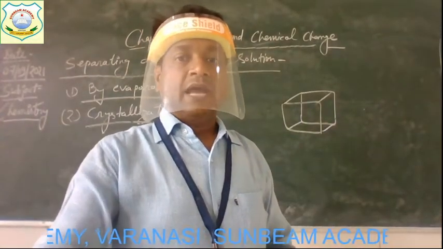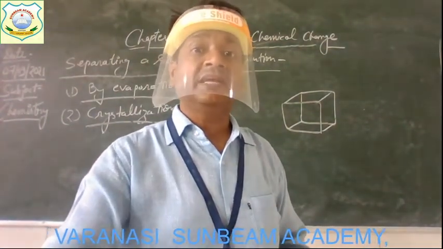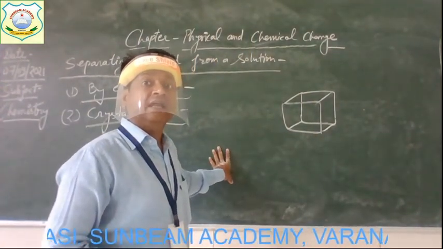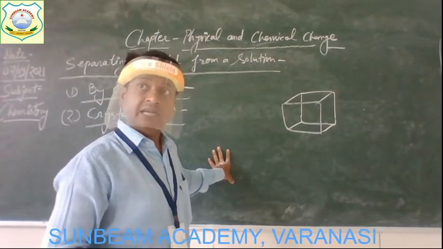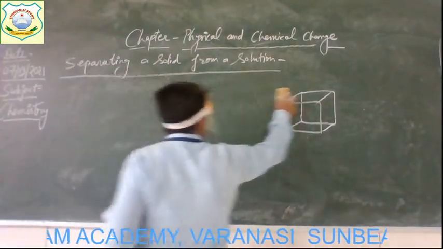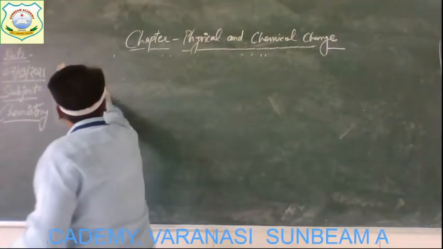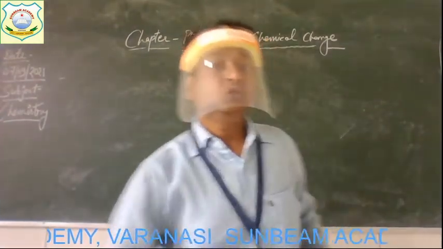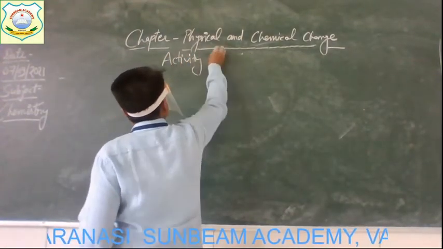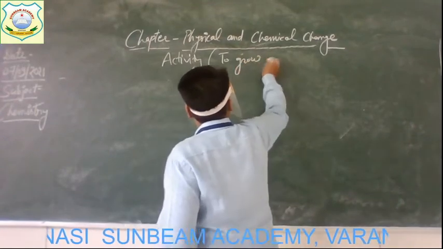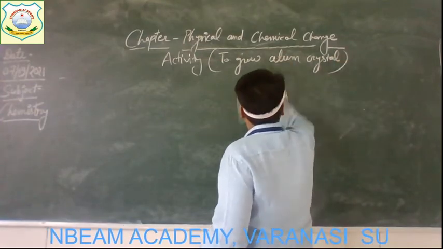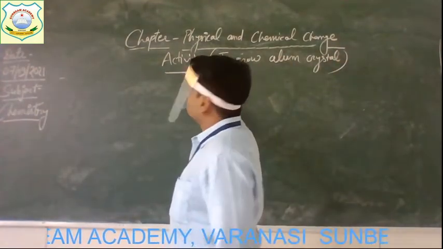Now, after this, there is an activity given in the chapter, and in that activity, it explains how we can grow alum crystals in the lab. Okay, so come to the same activity, and the objective of this activity is to grow alum crystals. Alum, a solid.